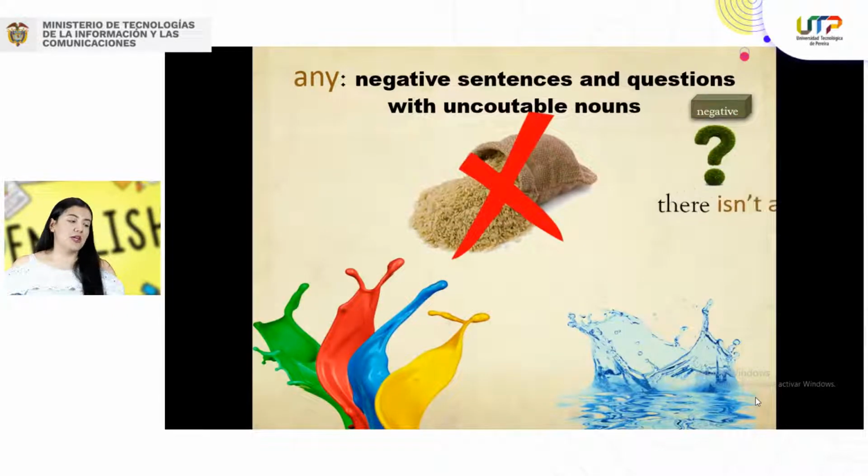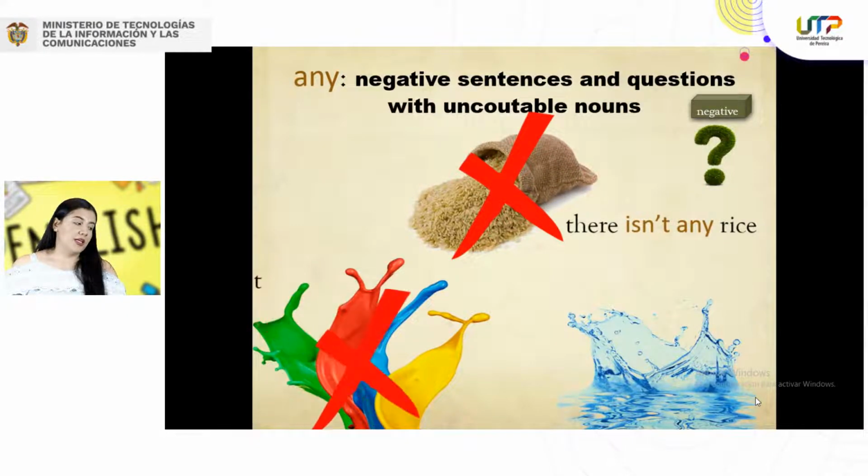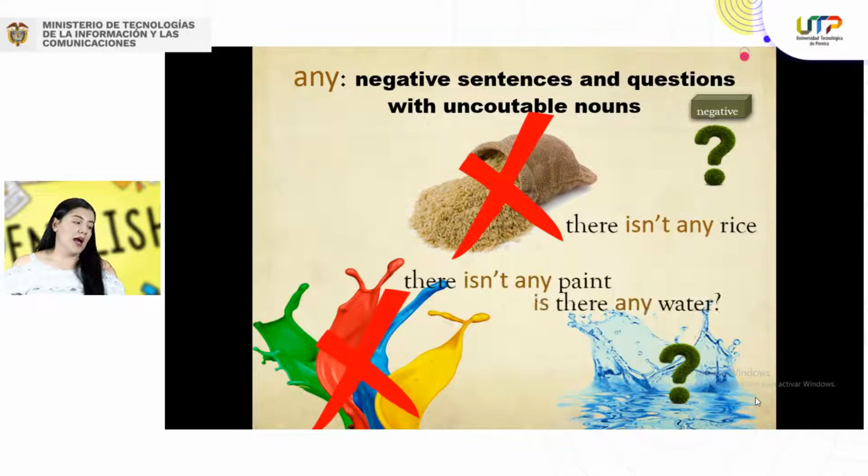Recordemos que lo podemos usar tanto con countable como uncountable nouns. Entonces aquí están los ejemplos de uncountable nouns. Como diríamos, there isn't any rice. There isn't any paint. Y si fuera a hacer una pregunta, entonces sería, is there any water?